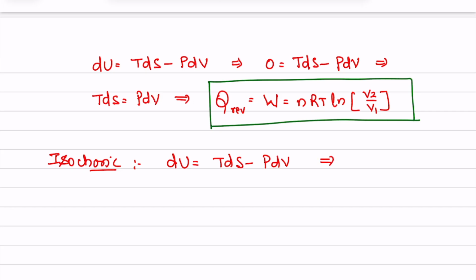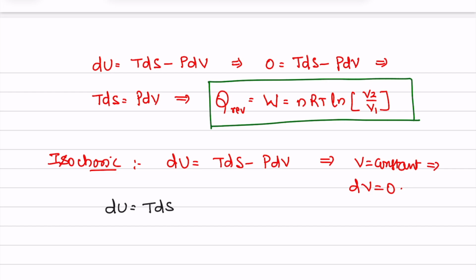This much we have got already. In this, V is equal to constant. That implies dV is equal to 0. That means work done is 0. That means dU is equal to TdS.